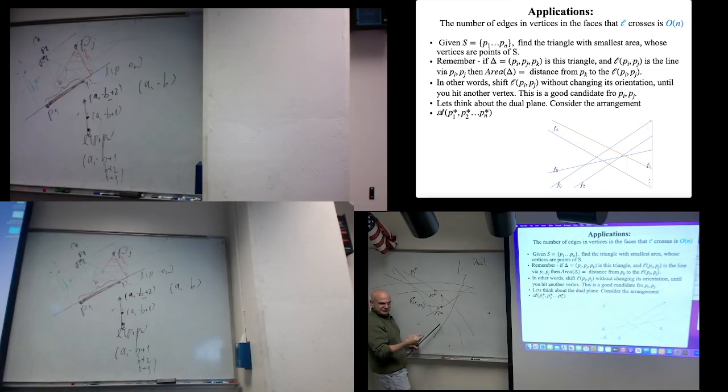Take the points, compute their duals, and compute the whole arrangement, vertices, edges, and so on. Keep every vertex, and from this vertex, ask which is the line vertically above me.